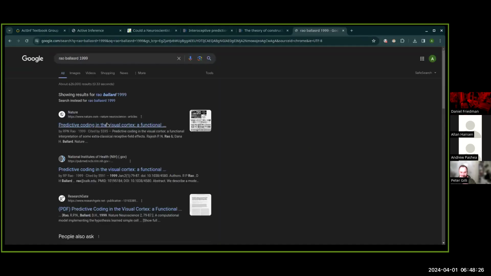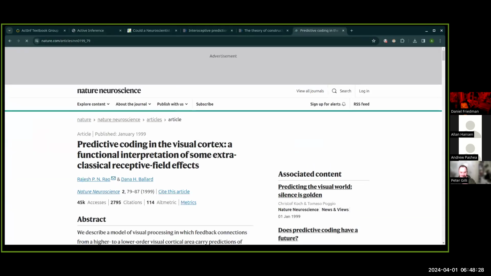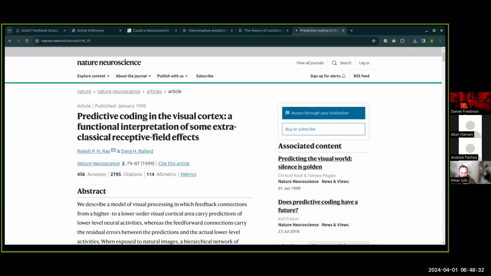And then there is the Rao and Ballard mega citation 1999 paper that was like, oh, classical means whatever was done before, right? So then there were these extra classical effects in the visual cortex.